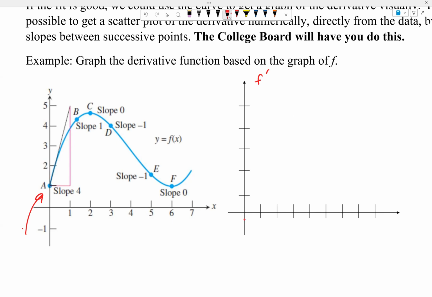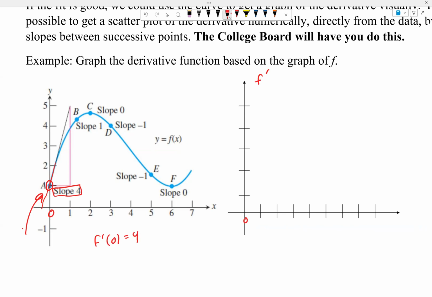Let's look at an x value like 0. And then we ask the question, hey, when x is 0, what is the slope of the tangent line at that point? Well, this graph says, oh, it's 4. So what I'm going to do is say f prime of 0 is equal to 4.